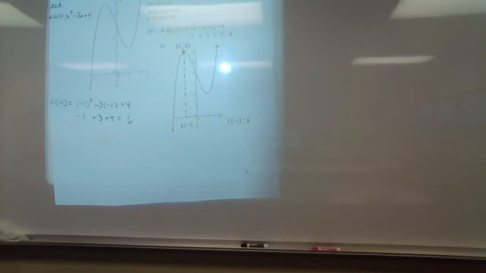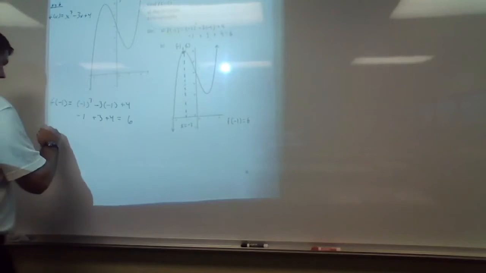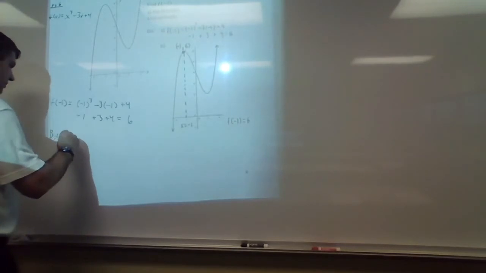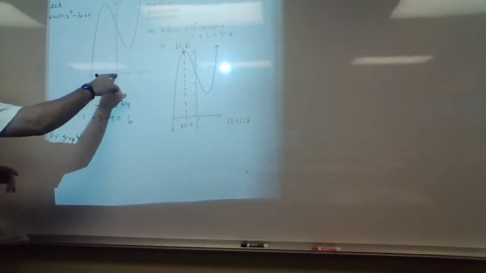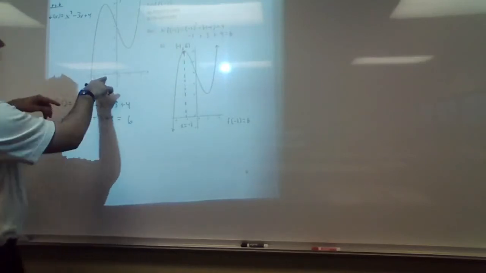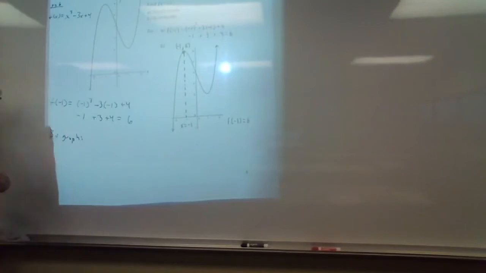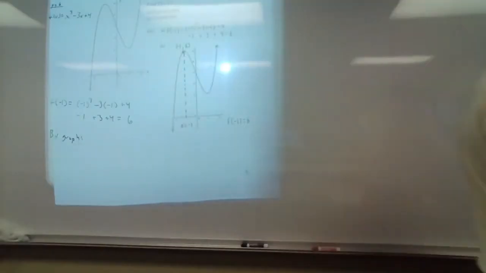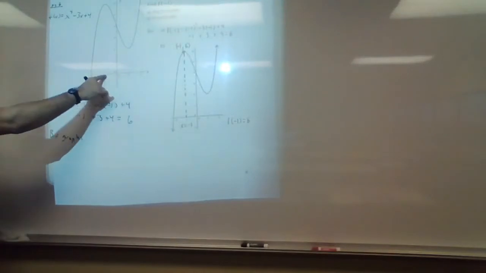Now if I was to do this by graph, here's the graph. So here is x equals negative 1 on the graph. I will either go up or down to meet the appropriate coordinate on the graph. So I've got x equals negative 1.